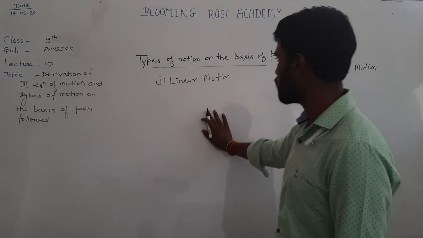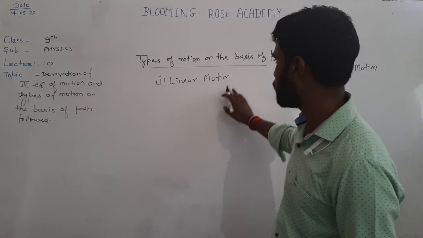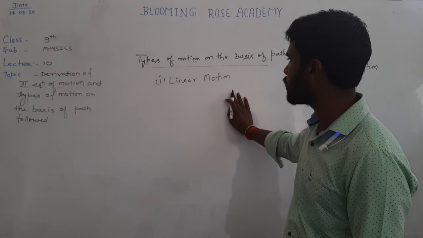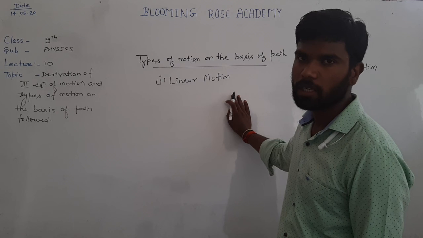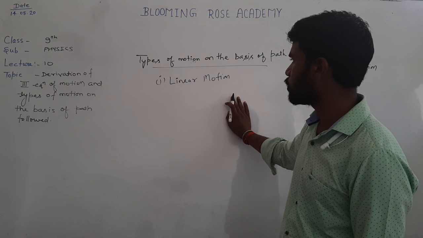So students, linear means the path covered by an object is straight. When an object covers a straight path, it is said to be linear.